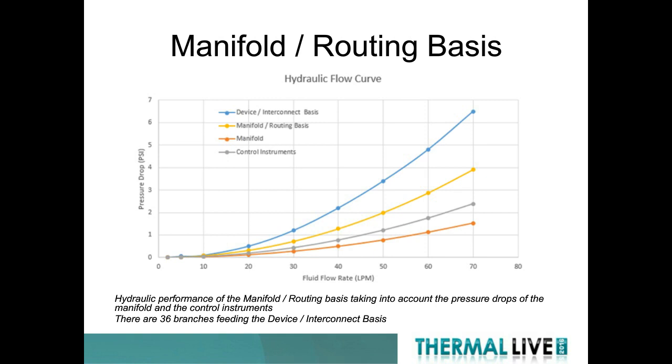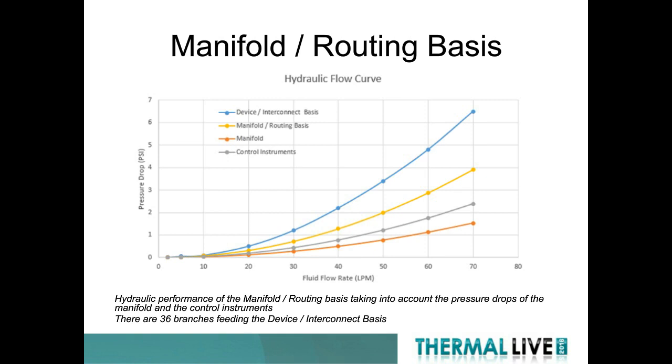Now in this example, this manifold is feeding 36 branches to the device interconnect basis. If I go back to the previous curve using the small quick disconnects, this is now my blue curve, and what I've done is I've taken the flow that we see here and divided by 36.